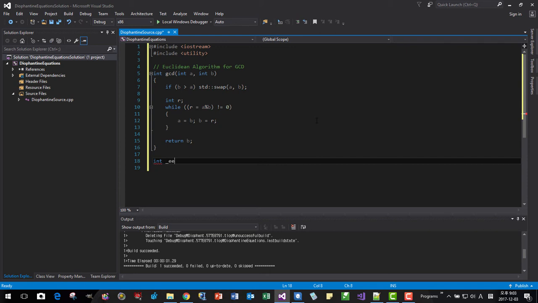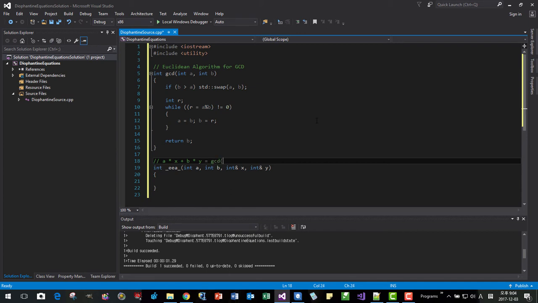I would name it EEA, int A, int B, int reference X, int reference Y. Here, say A times X plus B times Y equals GCD. Okay, GCD will be returned.